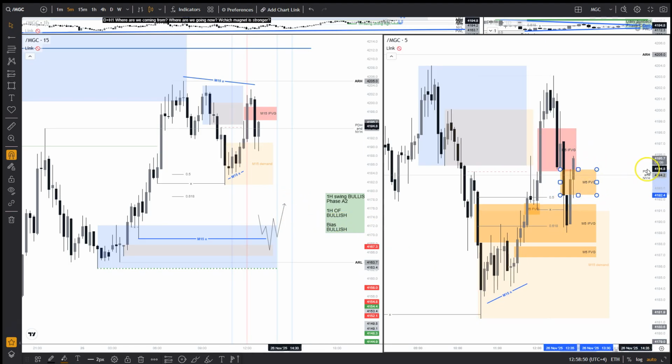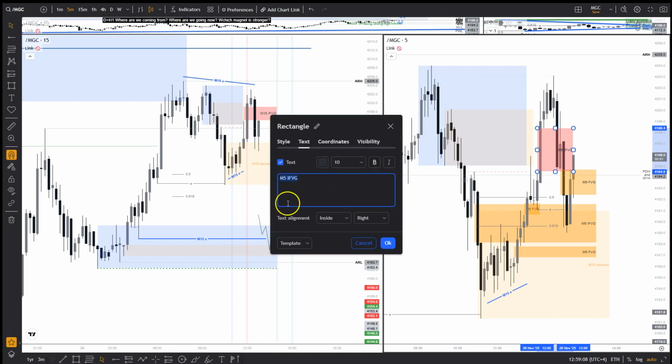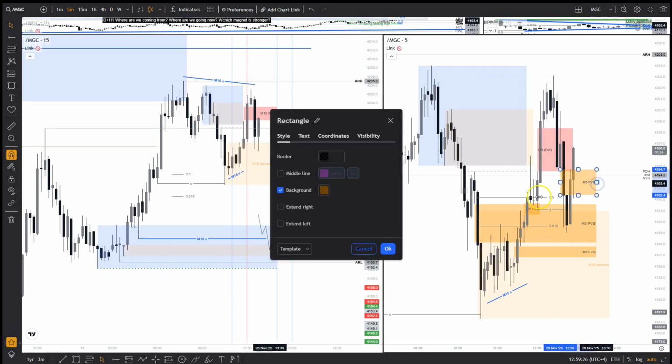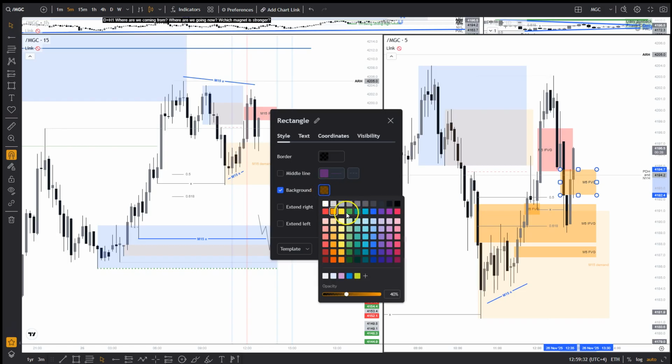One minute to close. Until this is broken, I'm gonna keep it. I think we can classify this as an inverted fair value gap now.